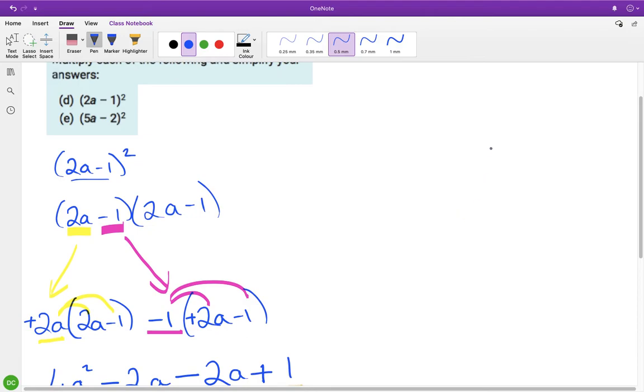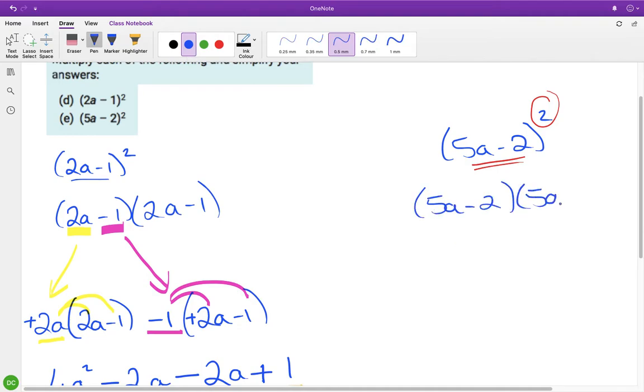All right, the second one then I'll just do over here. So 5a minus 2 squared. Again, recognize that the square means I write this twice. So that is 5a minus 2, 5a minus 2.